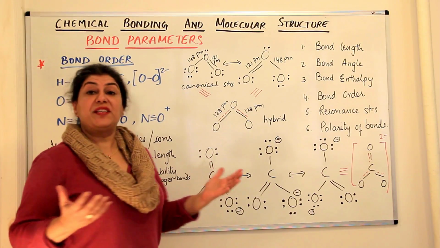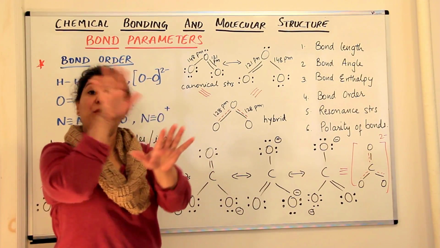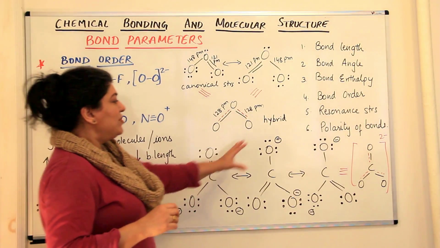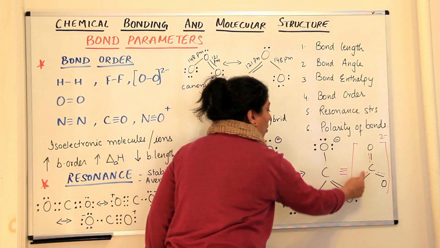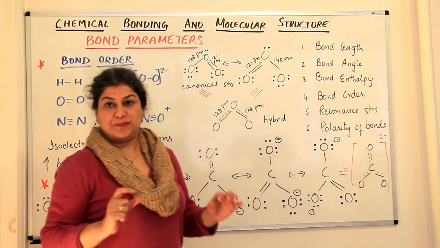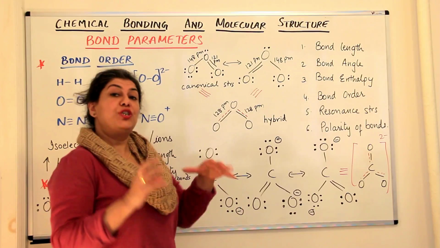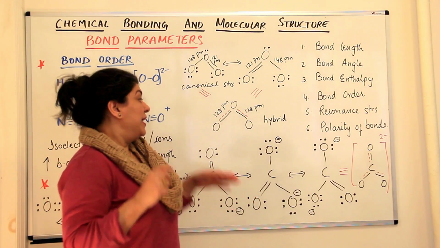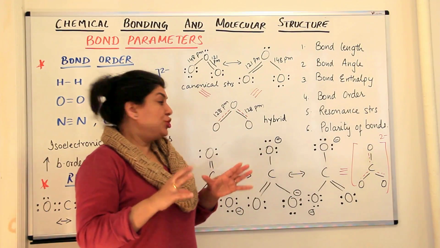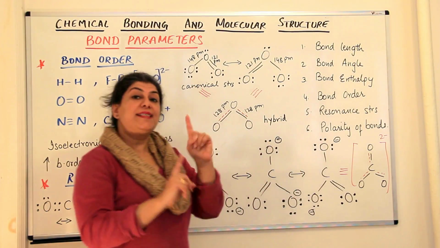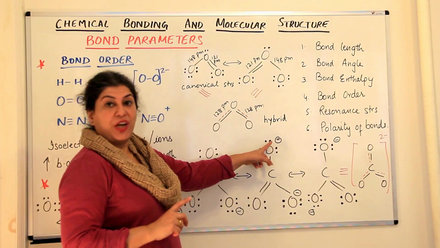So what would the resonance hybrid be like? Superimpose all 3 structures. So the resonance hybrid looks like this, where you have a double bond character on all the 3 oxygens. All the 3 CO bonds will show the double bond character. And earlier, in the canonical forms, each oxygen that has a single bond has the negative charge.